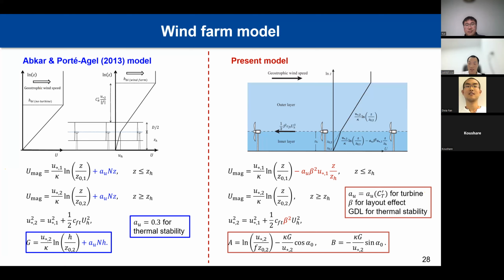And if yes, should the values of A and B be the same as in the no-turbine case? And the second is, how can we determine or predict the values of beta and the value of AU?